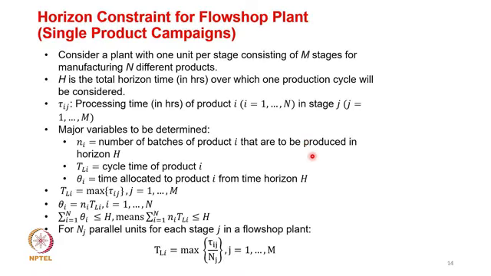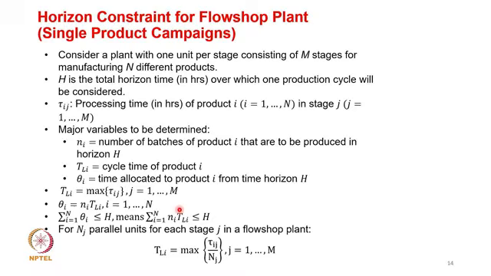So the major variables which we need to identify are the number of batches that can be produced over that horizon. What is the cycle time? What is the time allocated for a product i from the time horizon H? And TLi, of course, we computed as the maximum of tau ij previously, and theta i, which is the time allocated, would be n times TLi.